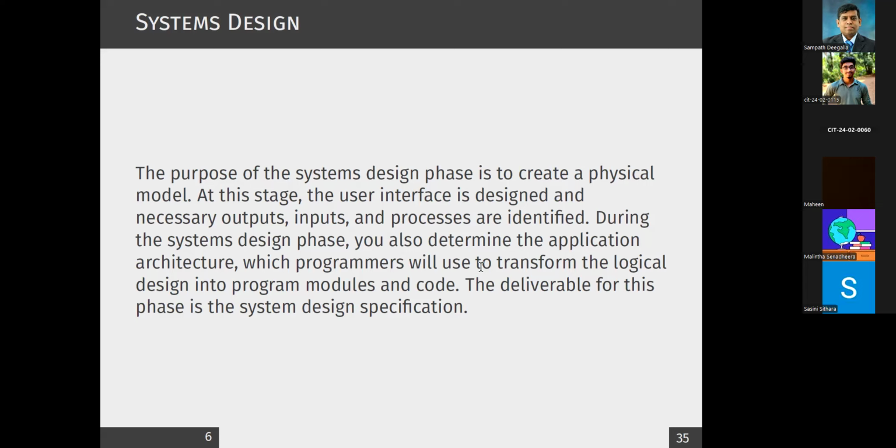So instead of directly creating user interfaces, you design interfaces, like using software like Figma, for example, right? And then you have to design the outputs, report formats, you have to identify various different processes, right? And then that's one part of it.